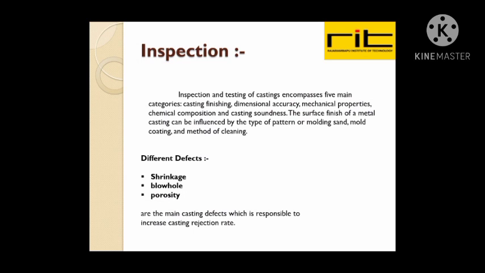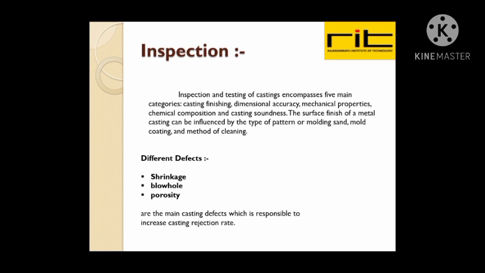Inspection. Inspection and testing of casting comprises five main categories: casting finishing, dimensional accuracy, mechanical property, chemical composition, and casting soundness. The surface finish of metal casting can be influenced by the type of pattern or molding sand coating, and method of cleaning.